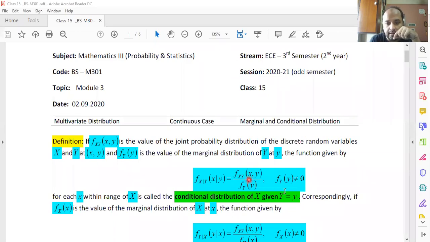Now in this conditional distribution, there is one extra condition that the denominator term must be non-zero. Otherwise the definition will collapse.